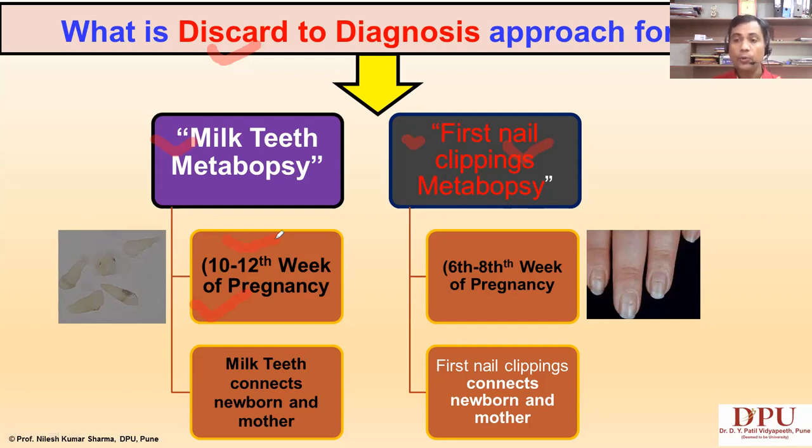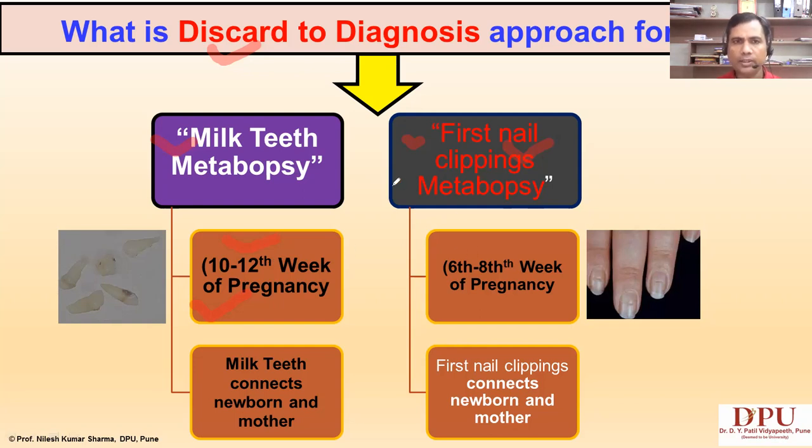That means the whole nature and the chemistry of the milk teeth relates from the mother to the offspring or the newborn. That is the connectivity. That means the milk teeth represent the chemistry inherited from the mother and also passed to the newborn. So it is like a bridging point.